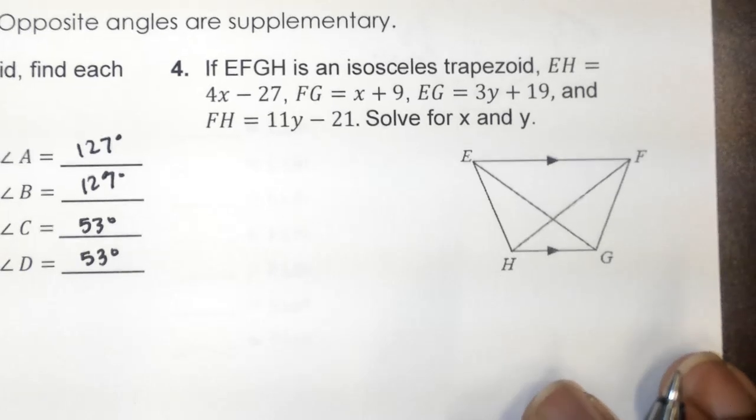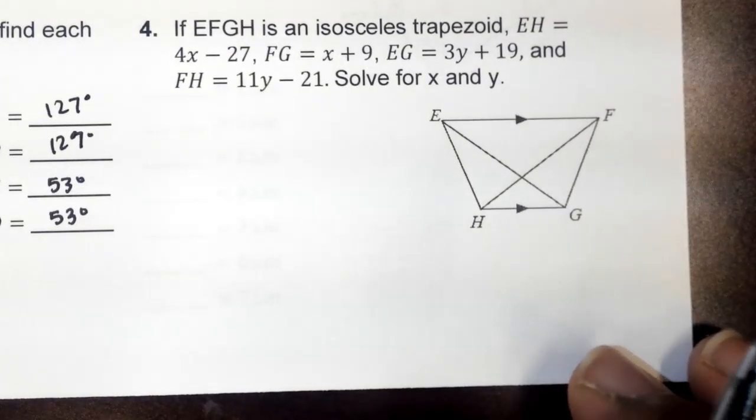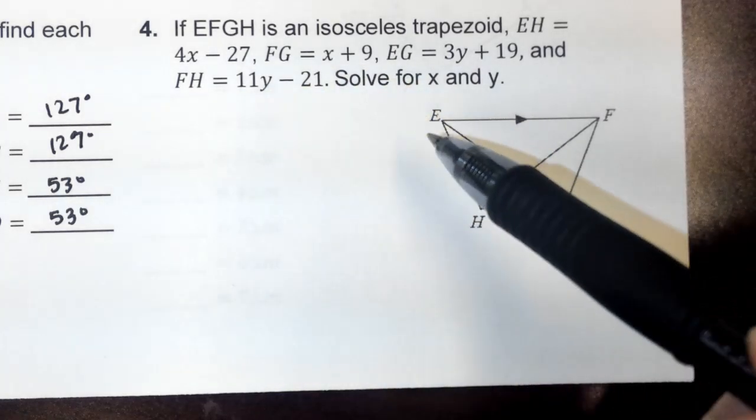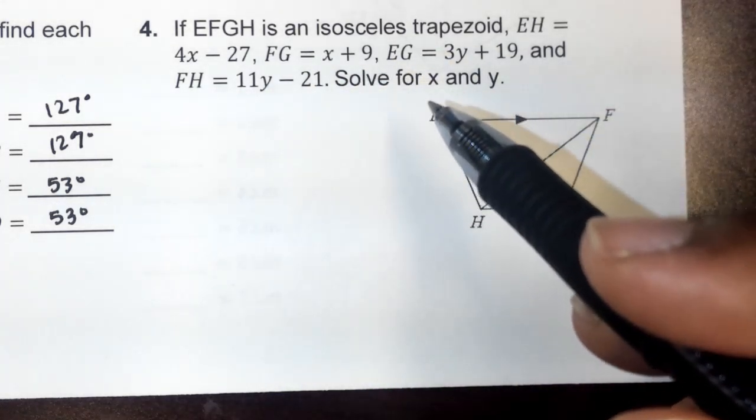If EFGH is an isosceles trapezoid, EH is 4x minus 27. FG is x plus 9.